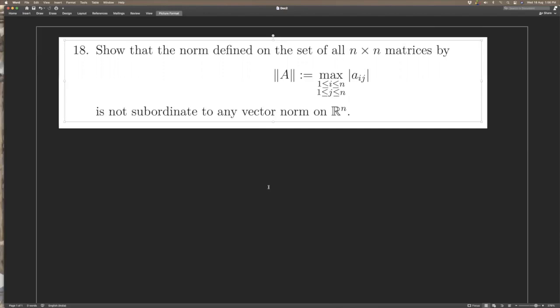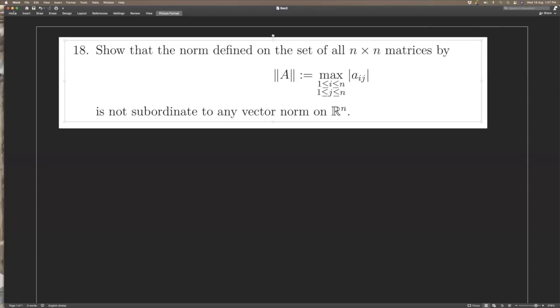If it is a subordinate matrix norm to some vector norm, then it has to satisfy certain properties, right? We have listed 3 properties of subordinate norms. You can show that it doesn't satisfy one of those properties by taking some particular matrix and showing that, when applied to this norm, it violates that property.